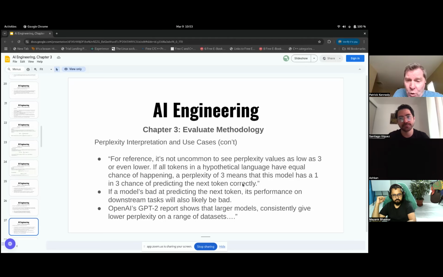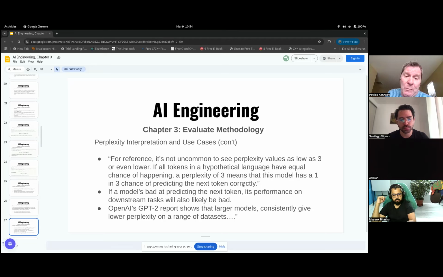But in that case, a perplexity of 3 would mean that the language has a 1 in 3 chance of predicting the next token correctly. So that's kind of a good insight there.